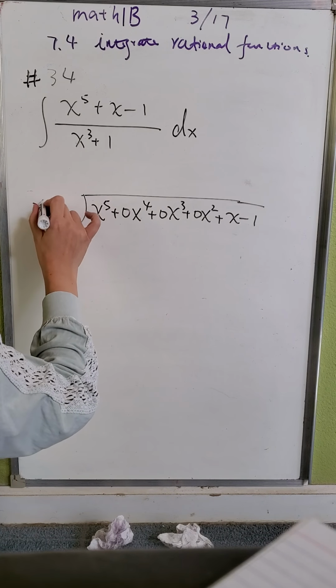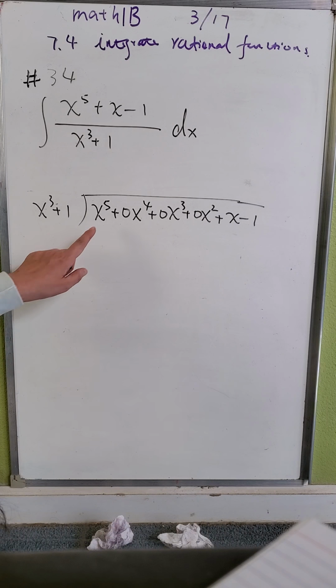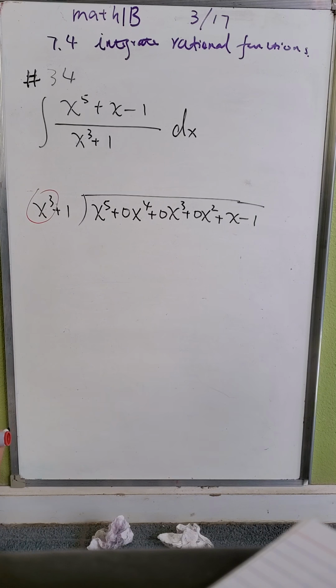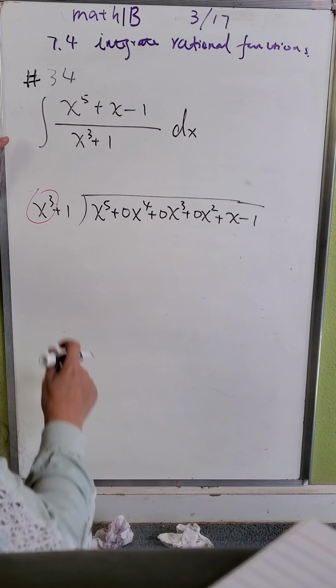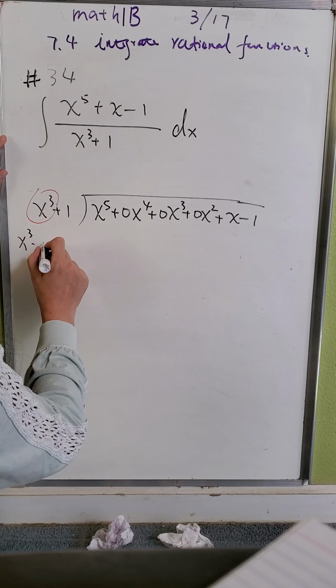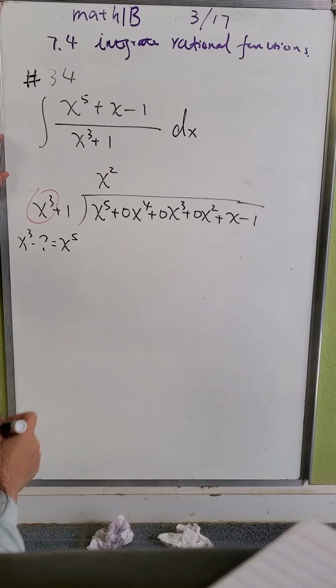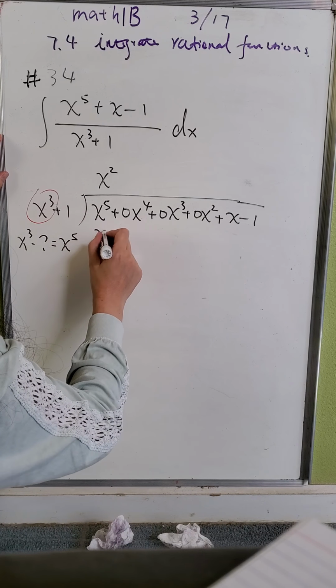And it's an x cubed plus 1. Your goal is to take away the x fifth. Use this to guide you. So you ask yourself, x to the third times what equals x to the fifth? It's always x squared. So that becomes x to the fifth.